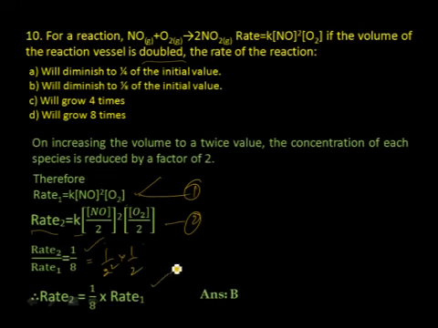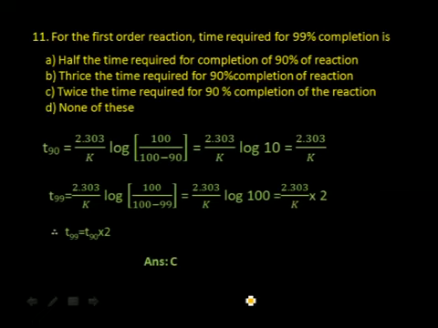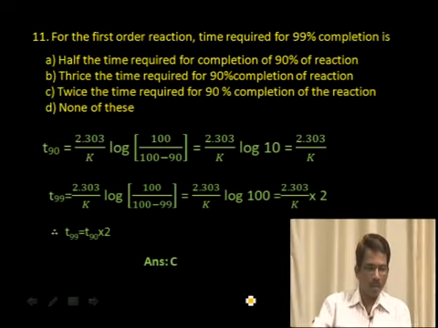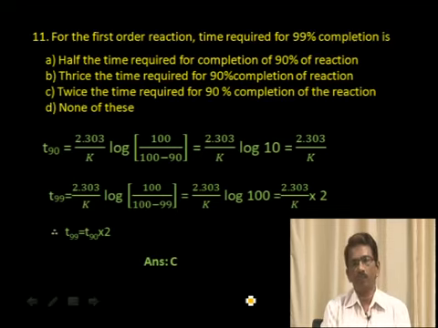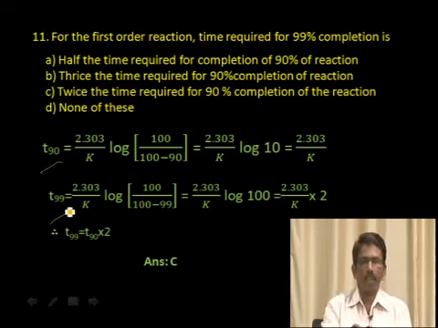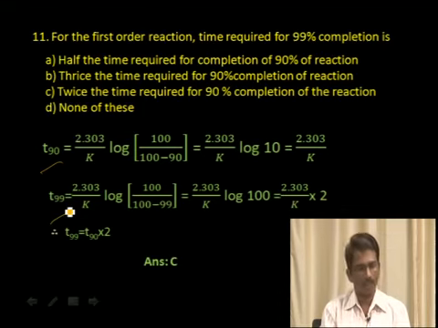Now when we move on to question number 11, for the first order reaction, the time required for 99% completion of the reaction. For the first order reaction, let T90 be the time required for 90% completion and T99 the time required for 99% completion of the reaction.